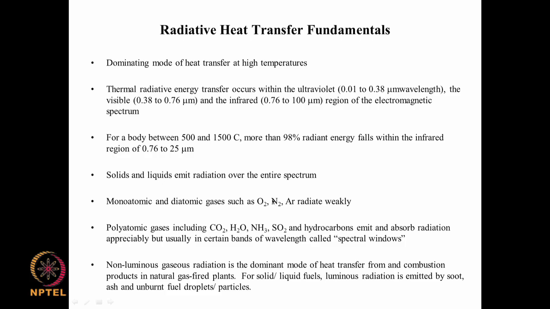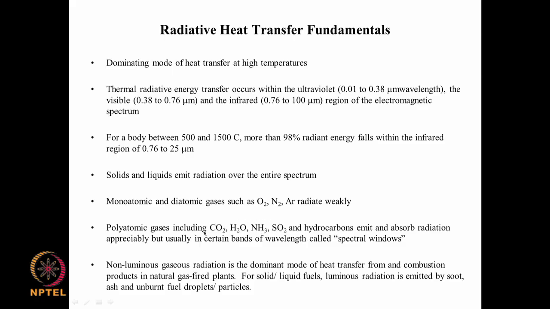Because when we are dealing with heat transfer applications like furnaces, and if we are looking at hydrocarbon fuels, then the carbon gets oxidized to carbon dioxide, the hydrogen in the hydrocarbon fuel becomes steam, and under certain conditions you can have ammonia produced and sulfur dioxide may be produced if sulfur is present in the fuel.